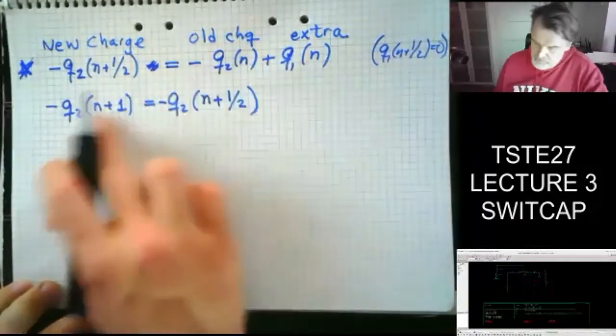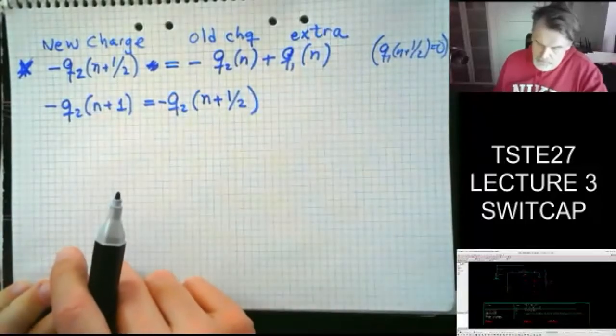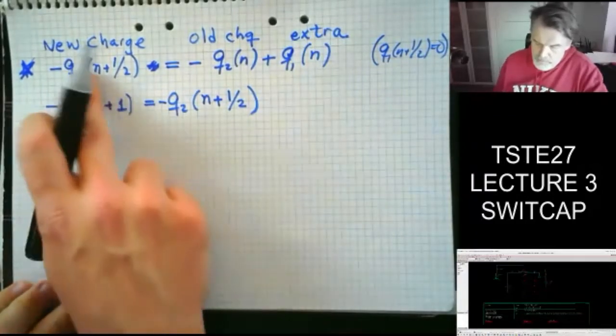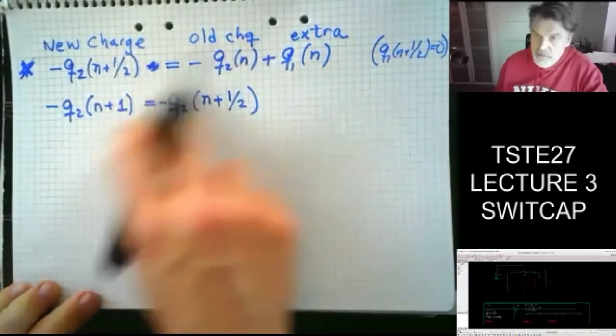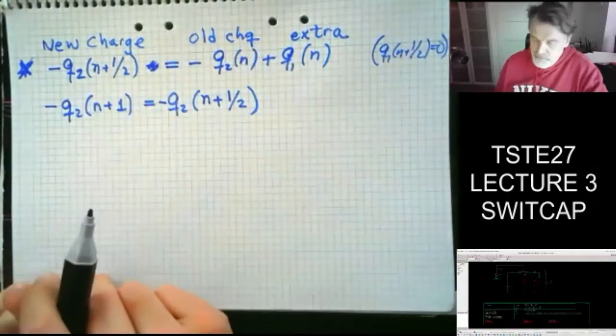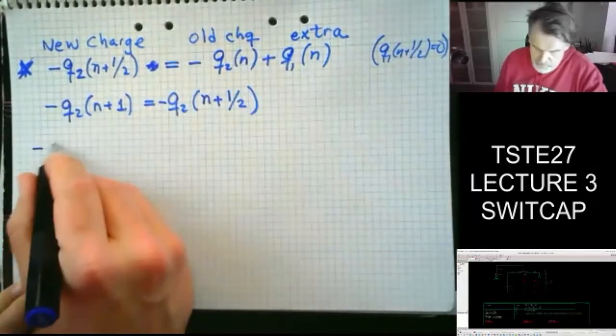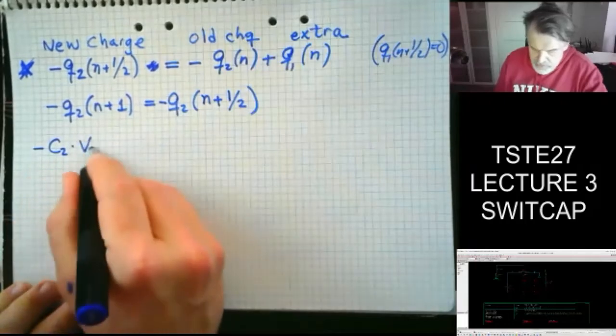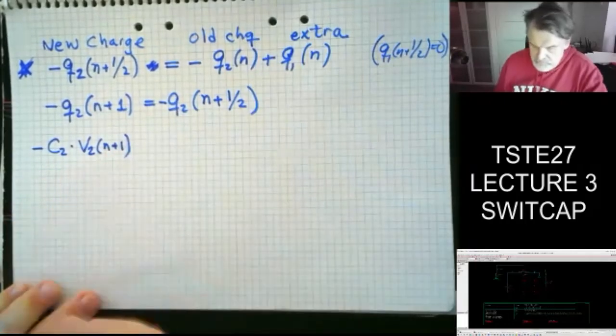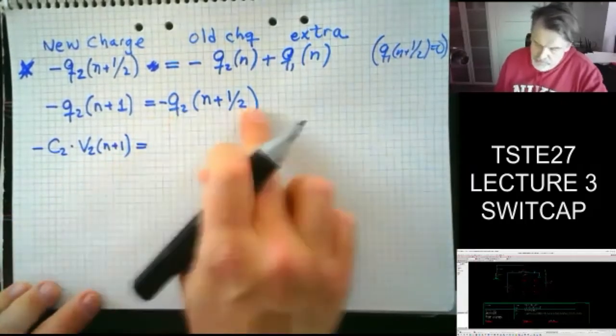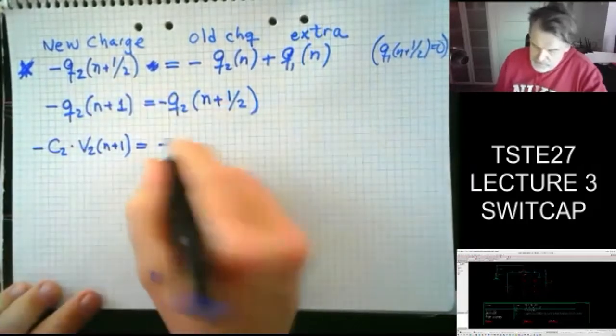All right, so since that's preserved, we can quite easily just connect these two equations directly and fill in the blanks. So we have minus C2 times V2 of n plus 1 is equal to this guy, which is here, minus Q2.